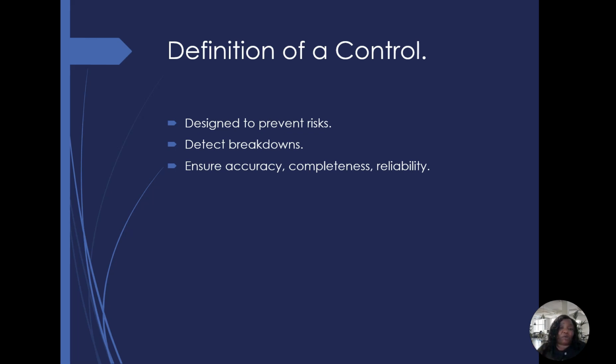When performing walkthroughs, I would typically focus on understanding the control objective, the risk it is addressing, and how the control is expected to operate. So that is what a control is. It is designed to mitigate risk within a process or system, to detect if there's any breakdown, and also to ensure accuracy, completeness, and reliability.